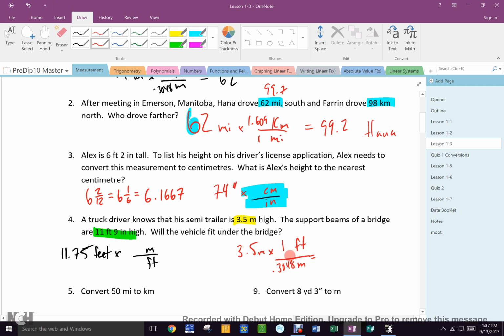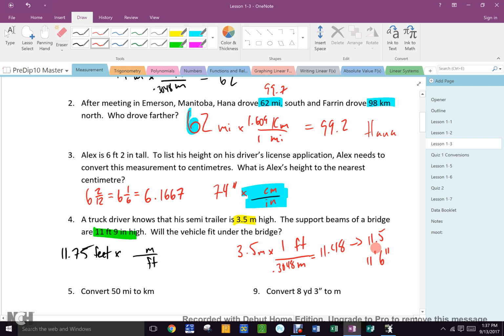I'm going to get a decimal, right? And I believe the decimal that I get is something like 11.6. Okay, so 11.48, which is 11.5, which is 11 foot 6 inches. That's what you've got to be careful about, right?